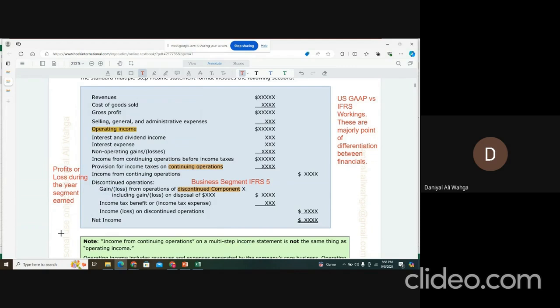Further explanation towards my income tax expense. There are some income tax benefits as well. And then I look towards another subtotal, and that should be part of my financials as well. At the end, I get to my net income.